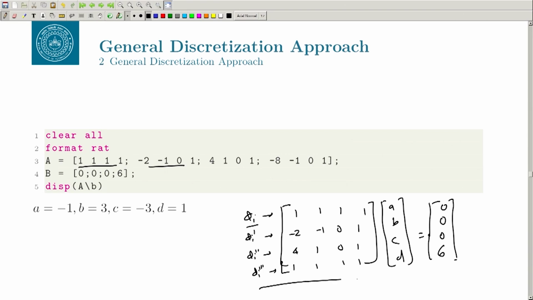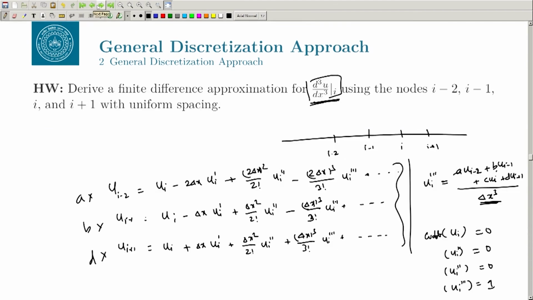So, you can write any simple program, or you can solve it manually if you want, and you can get the values of a, b, c and d, and this is the value that you will get, okay. Plug those values into this expression that we have here, and you can calculate the third order derivative using these stencil points, okay.